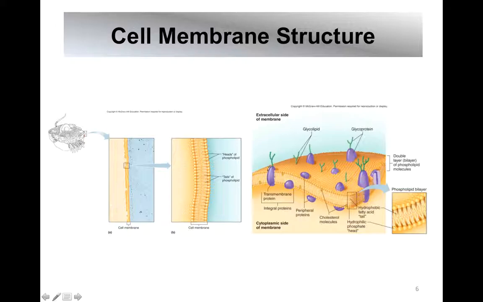Transmembrane proteins are called transmembrane proteins because they're made of proteins and they go across the cell membrane. And these ones are glycoproteins because they have a carbohydrate chain on them. Okay, and then it's kind of hard to see, it's probably easier to see in your books, all these cholesterol molecules helping to maintain the fluidity of that cell.